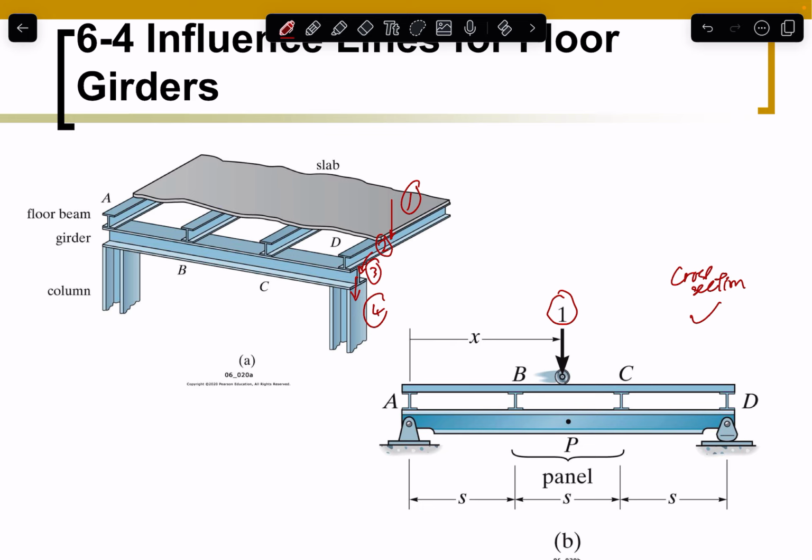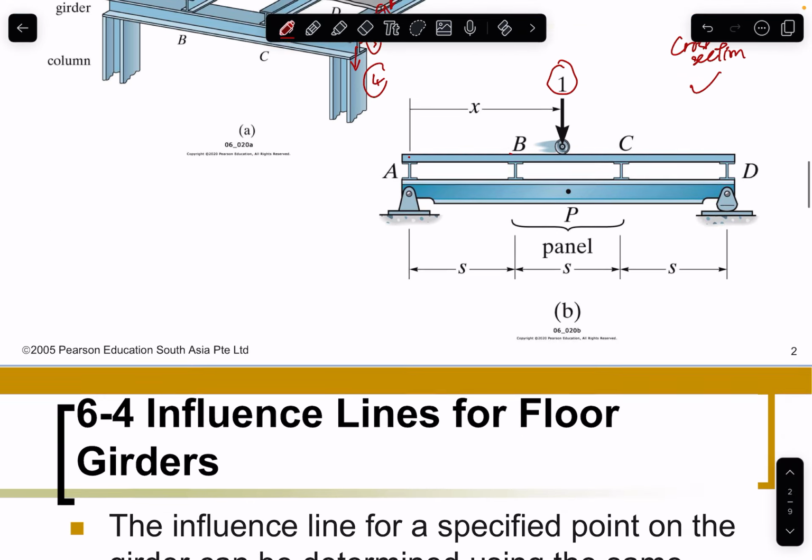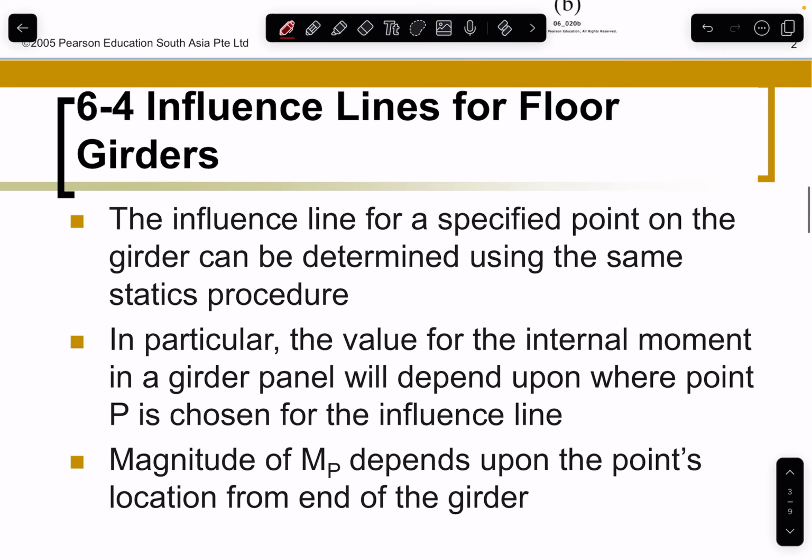So you can move from A to B and to C. The influence line for a specific point on the girder can be determined using the same static procedures.